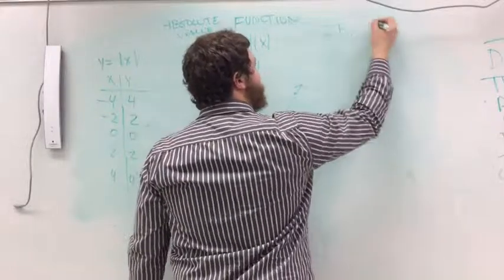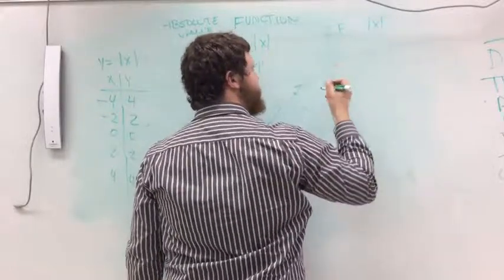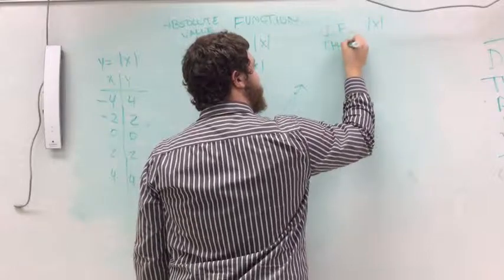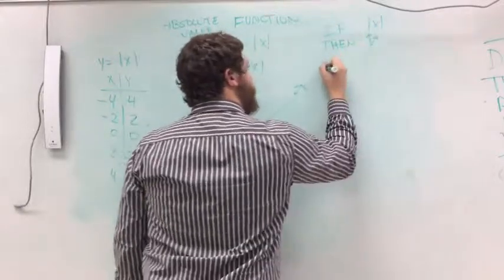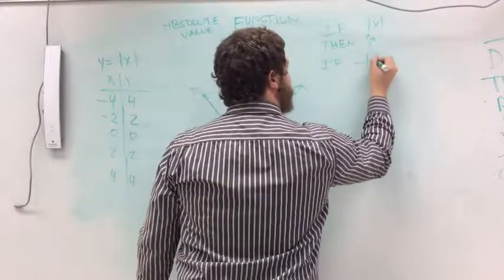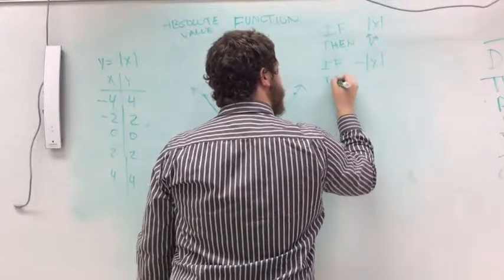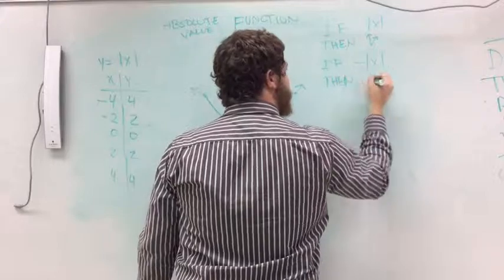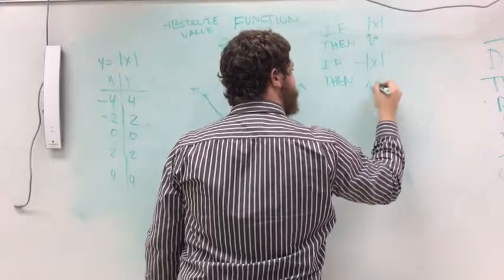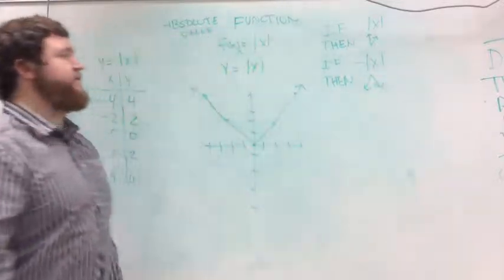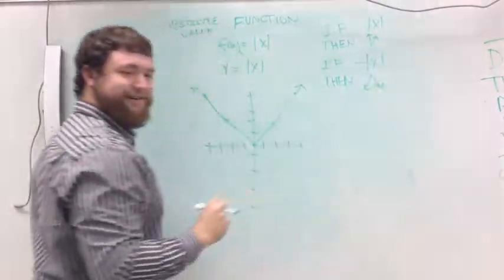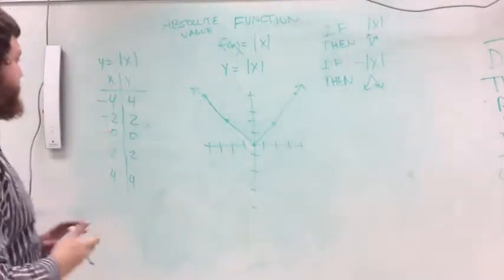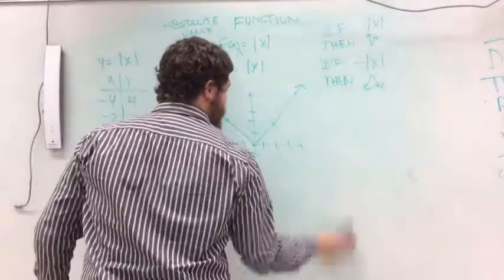If it's the absolute value of x, so if it's positive, then you get a V. If it's negative absolute value of x, then you get an upside down V. You get stickman legs. Okay, so stickman arms, stickman legs. That's absolute value.